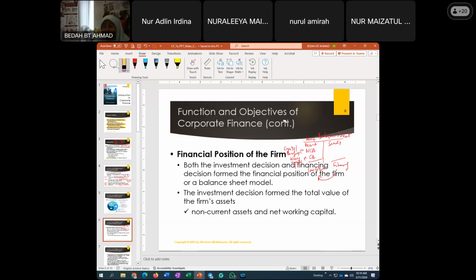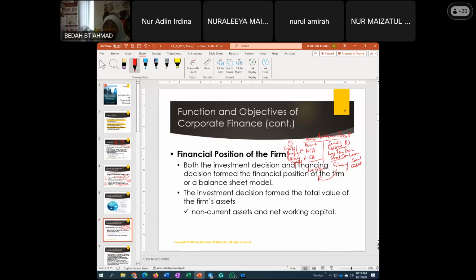Sorry, my handwriting is not very good. The credit side is your liabilities, where you have the long-term loan to finance your assets, and the short-term loan or your current liability. So this is the first area studied, financing is the second area, and the third one is working capital. That forms the financial position of the company.